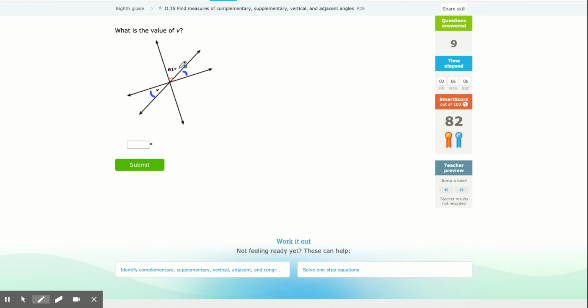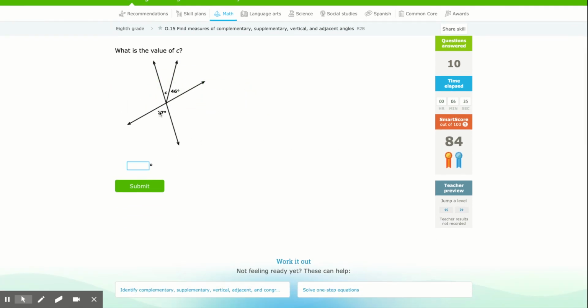So if this one's 61, this one's got to be the remainder of 90, the other portion of 90. So what's 90 minus 61? Well, it's 29. And if this one's 29 and this angle over here is vertical to it, so these two lines intersect and they're opposite, this one's also 29. So I have a degree measure of 29 degrees.